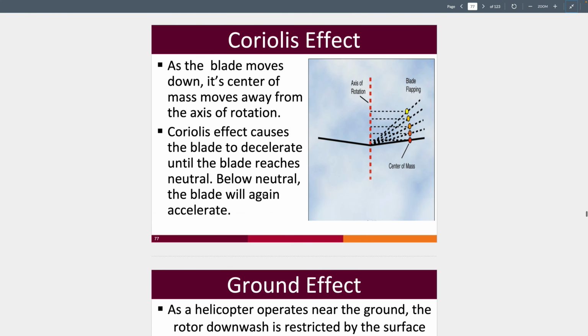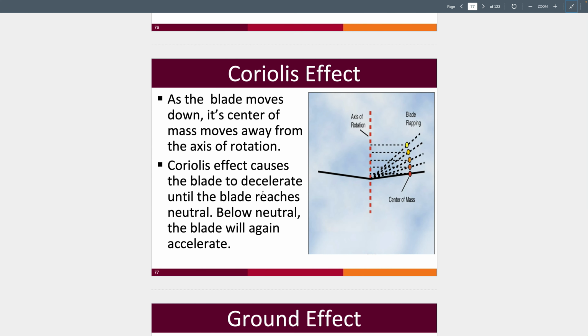And this is Coriolis effect. You may be wondering, how do we compensate for Coriolis effect? We allow the helicopter, through design, to lead and lag without bending the blades. So blade lead lagging is used to counteract or compensate for Coriolis effect.